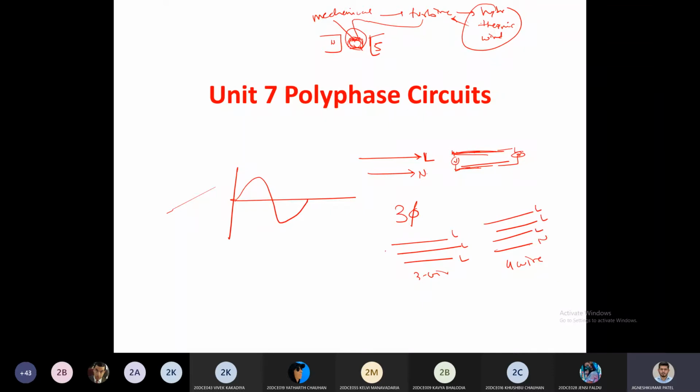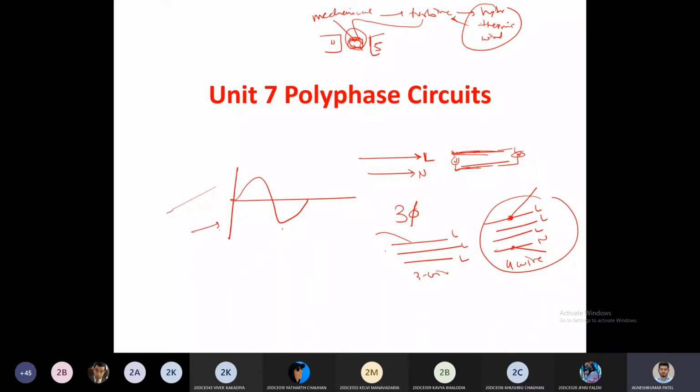What does this mean, three line, four line? Between any line and neutral, or between any line to line, you will get some waveforms. For example, in this four-wire system, if I take the waveform between this line and neutral, I'll get this kind of waveform.